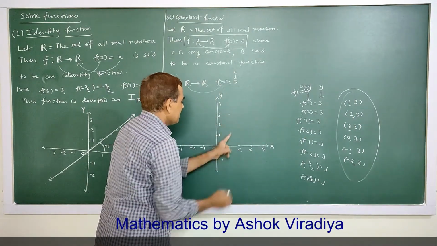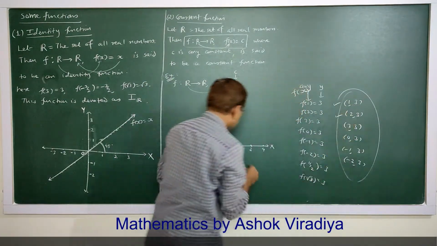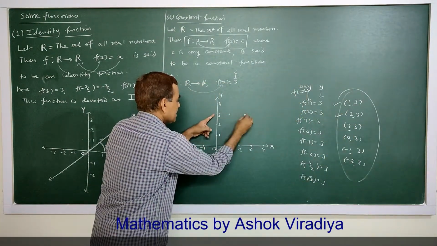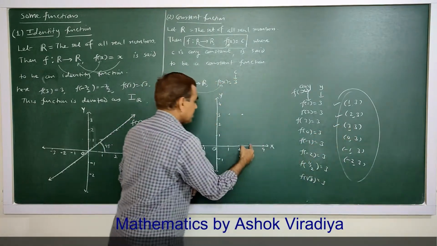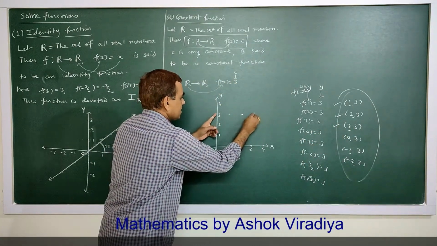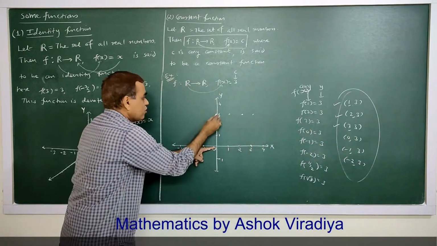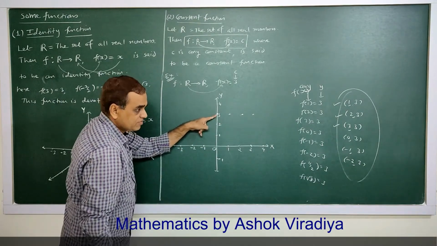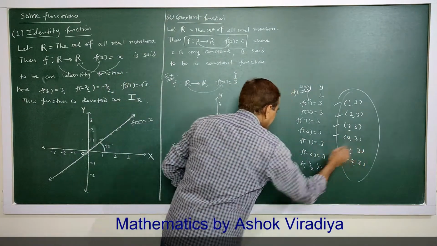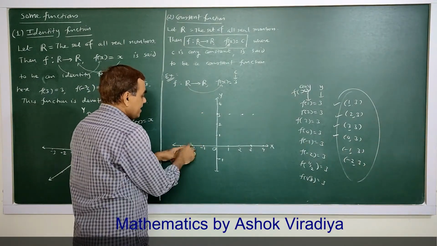This is point (1, 3). Then put (2, 3). So this is (2, 3). Then (3, 3). Then (0, 3), so x coordinate 0, y coordinate 3. This point has coordinate (0, 3). Then (-1, 3), (-2, 3).